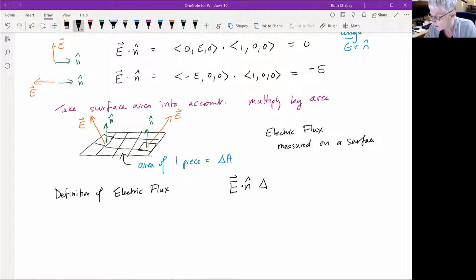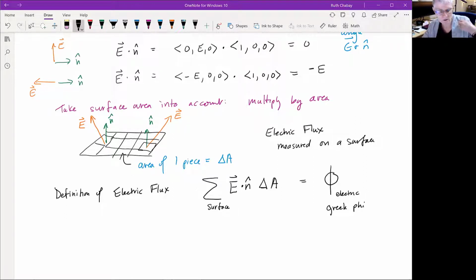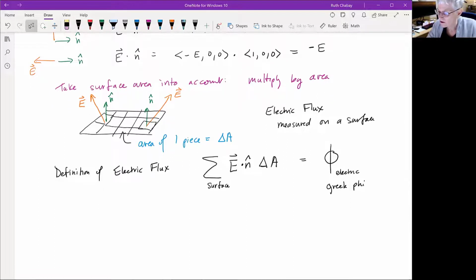We're going to multiply by each little piece delta A that we measured it on, and then we're going to sum all over the surface. And there's a symbol used for it. We use the Greek letter phi because phi sort of sounds like flux. So this is the electric flux.